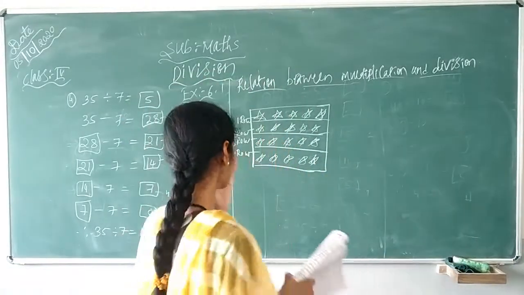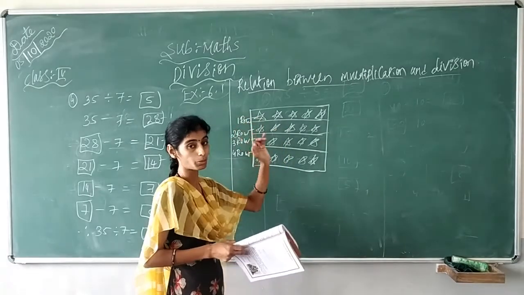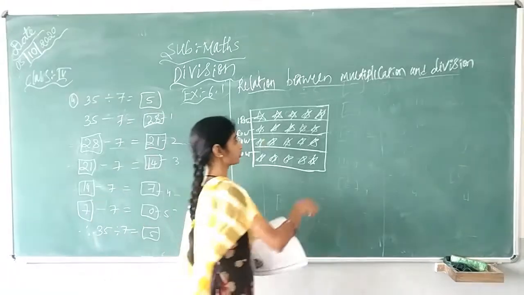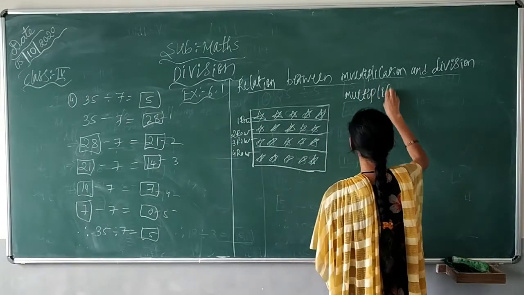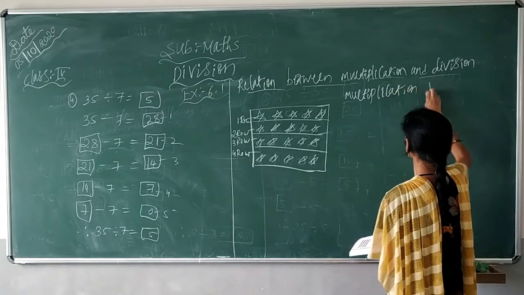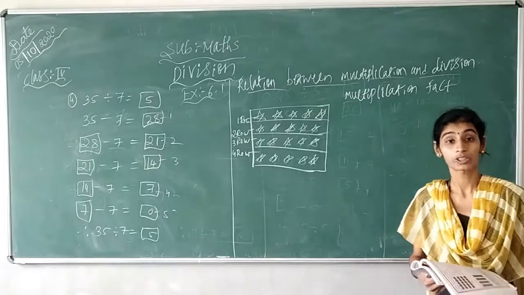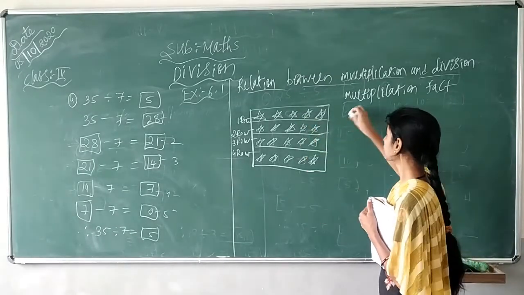Now this figure you have to write in the form of a multiplication fact and in the form of a division fact. First we will write the multiplication fact using this figure. To write the multiplication fact, first you have to count the number of rows. How many are there? 1, 2, 3, 4.